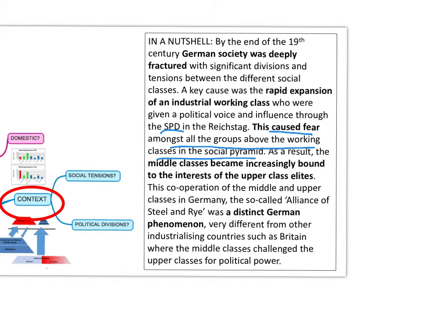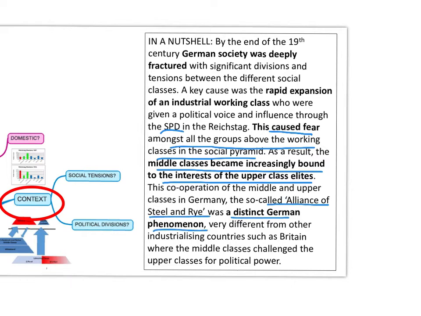And as a result, the middle classes became increasingly bound to work with the upper class elites. That cooperation of the white-collar workers working with the industrial elites, who worked with the rich farmers, the Junkers, the upper classes, was a distinct German phenomenon called the Alliance of Steel and Rye.